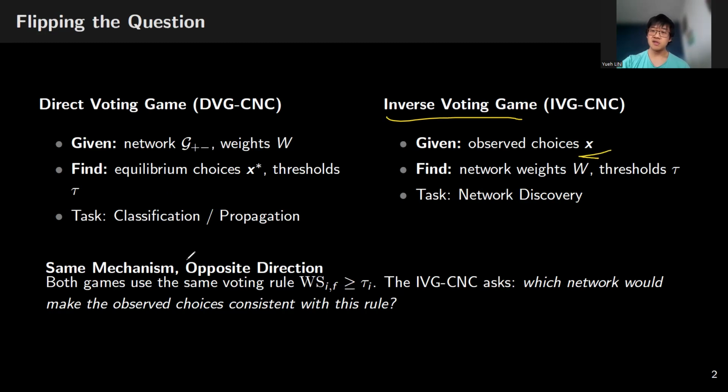So our choices will be given. We want to find the network weight. Remember that the networks are weighted and there can be friends or enemies, as well as the threshold.